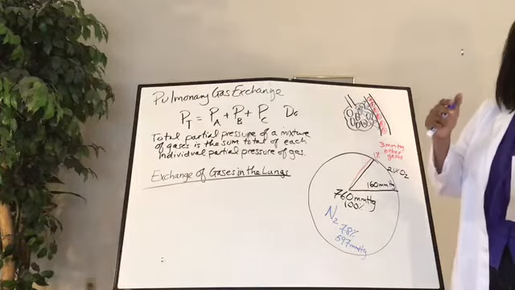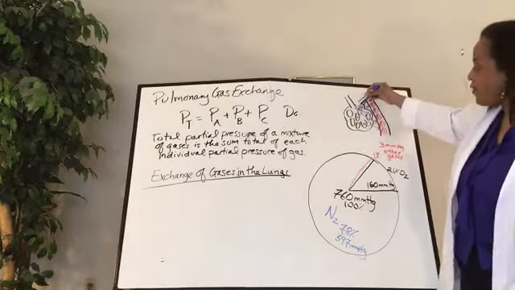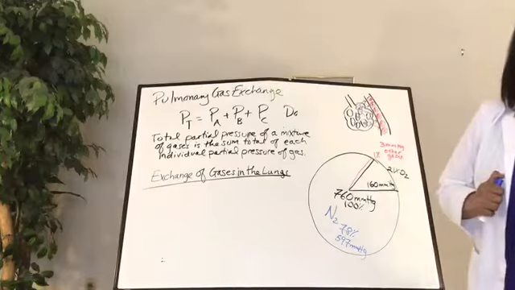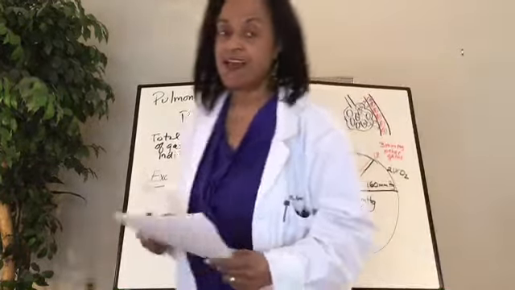Oxygen will diffuse down its pressure gradient from a higher pressure in the lungs to a lower pressure here in the lung capillary.